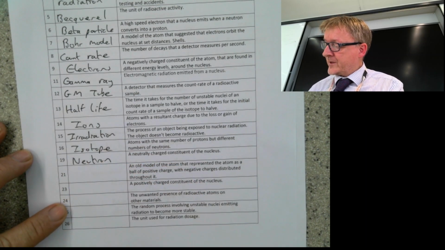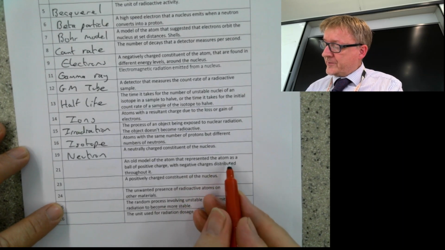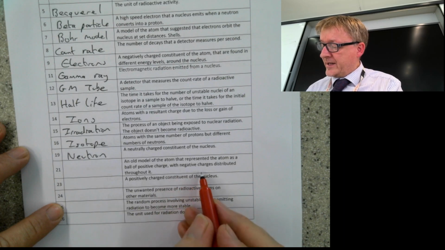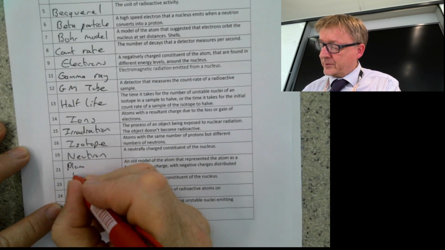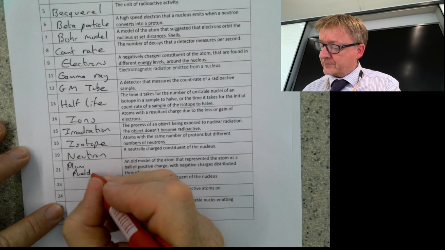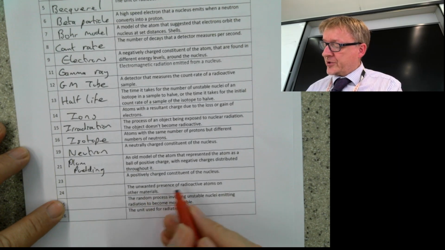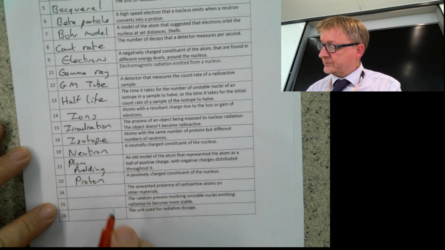Neutron. Number 21. An old model of the atom that represented the atom as a ball of positive charge with negative charge distributed through it. Plum pudding model. A positively charged constituent of the nucleus, proton.